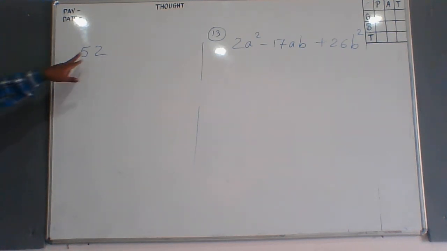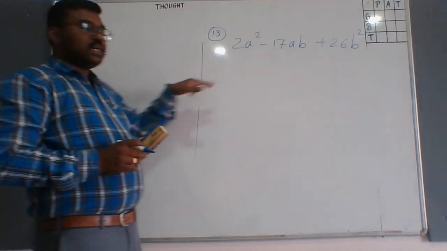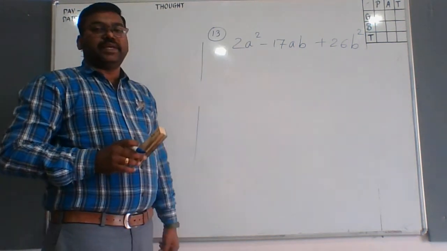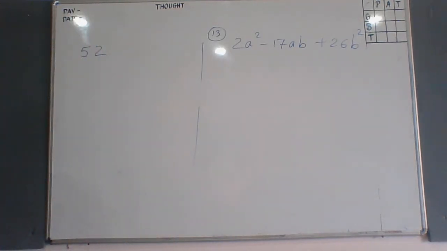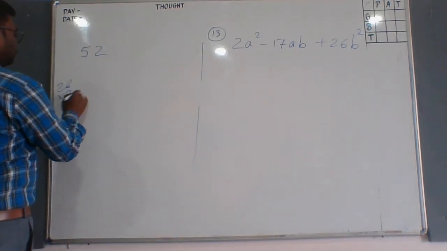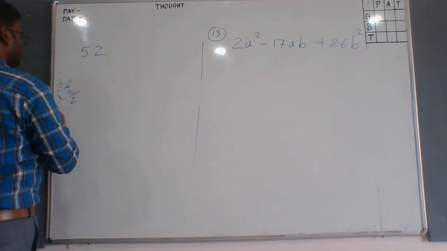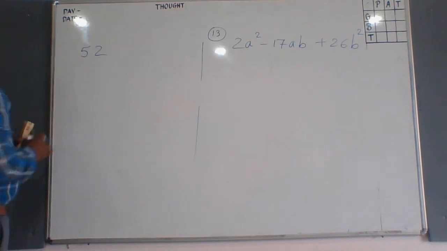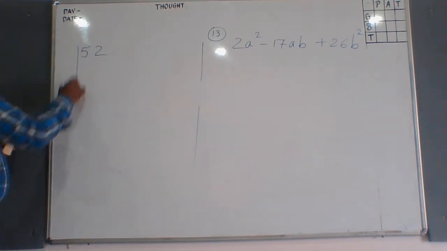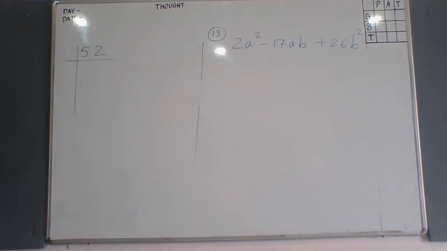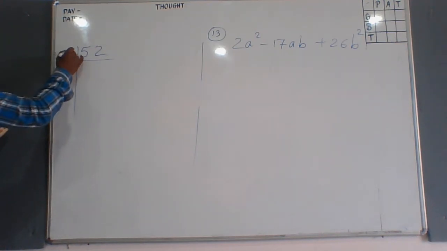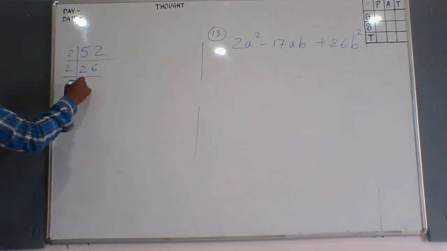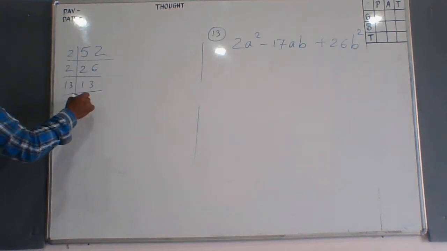Now let us find out the factors of 52 such that the middle term we get should be minus 17. So factors of 52. In this way, we will find out the prime factors of 52. First divide it by 2. We are getting 26. Again 2, 13, and 13 ones are 13.